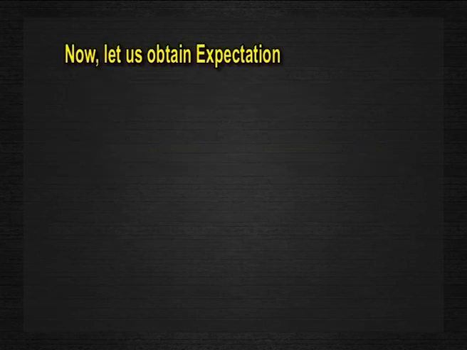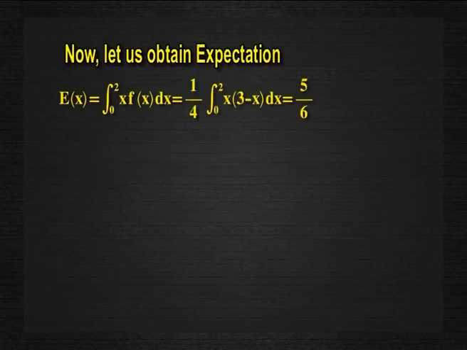Now, let us obtain expectation. Expectation of x is equal to the integral from 0 to 2 of x times f of x dx, which is equal to 1 divided by 4 times the integral from 0 to 2 of x times (3 minus x) dx. On integration and simplifying, we get 5 divided by 6.